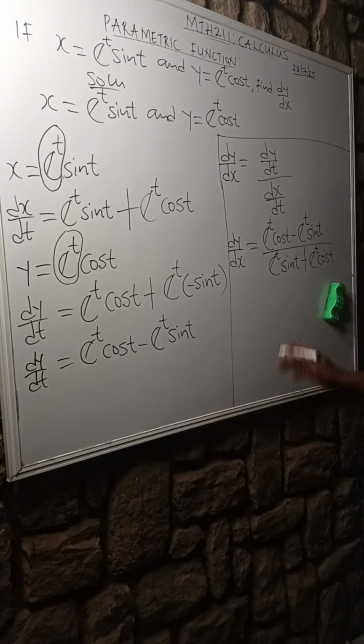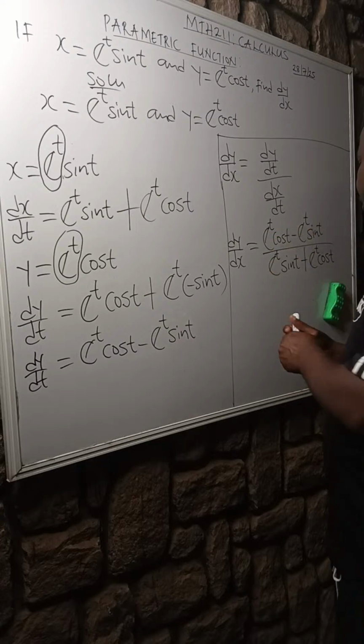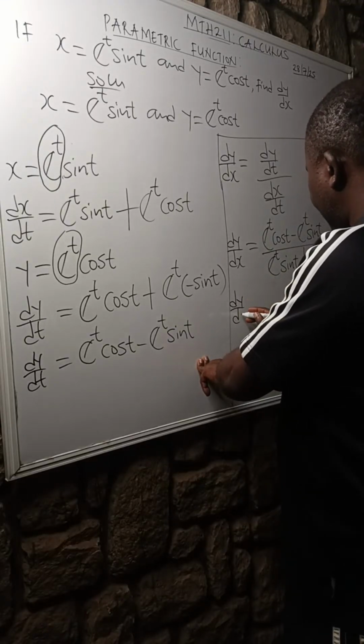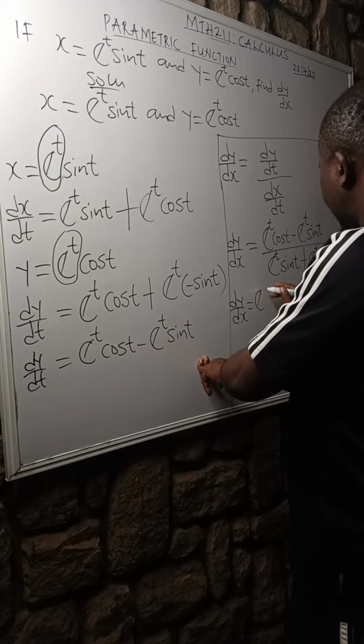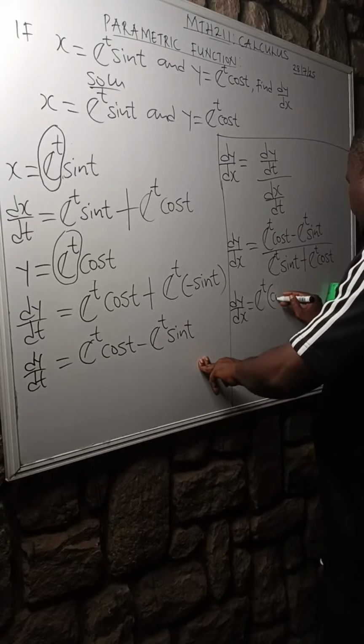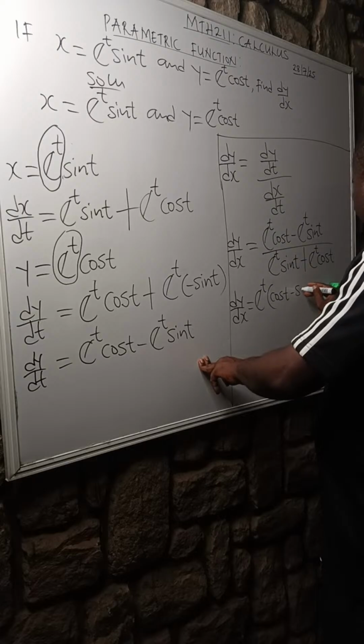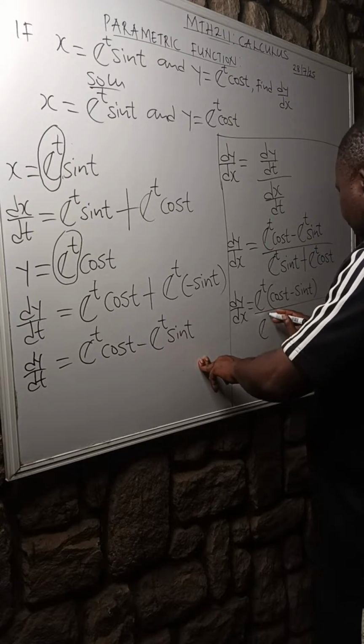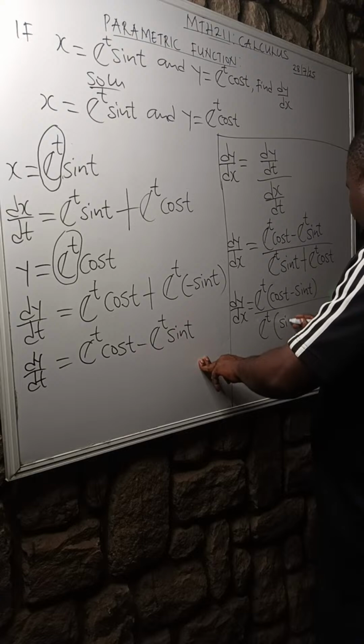As you can see, something is common. We can factor it out. Look at the board very well. Look at the numerator. We can factor out exponential, true or false. So our dy over dx will now be equal to exponential t, open bracket, cos t minus sine t, close bracket, over exponential t, open bracket, sine t plus cos t.